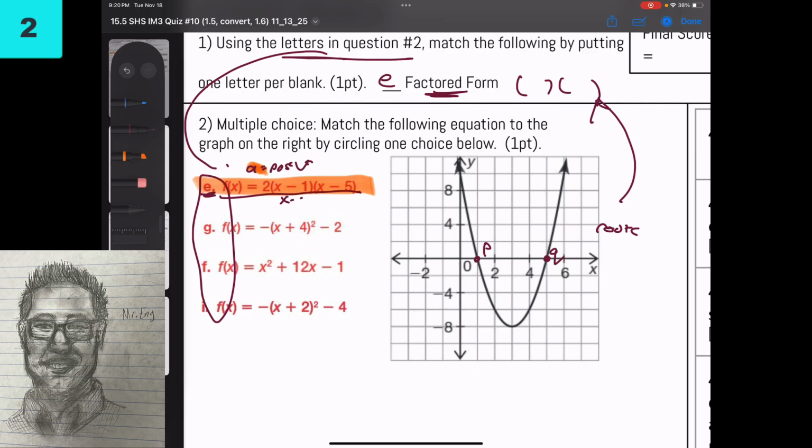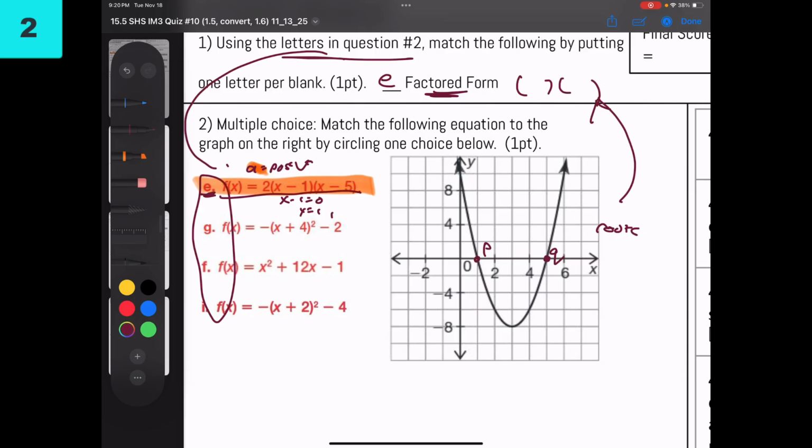Set those equal to 0 and you get x equals 1 and 5, which is what we have here. This is down, down, and this one is up, but it has a y-intercept of -1. It doesn't go through there.